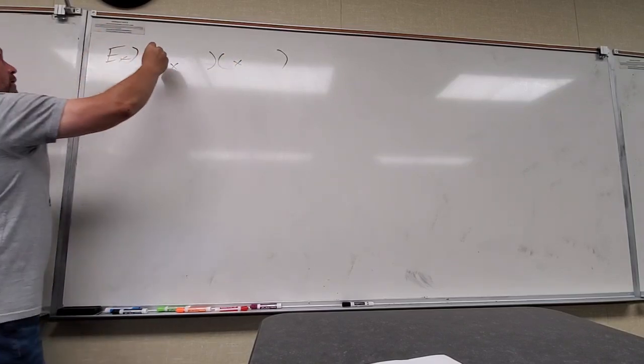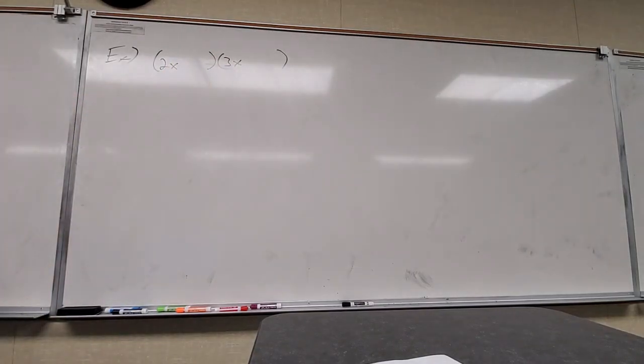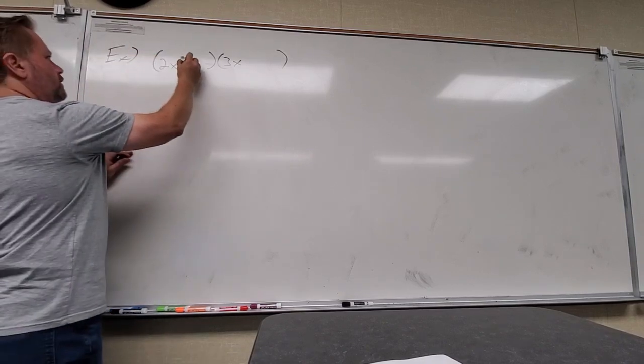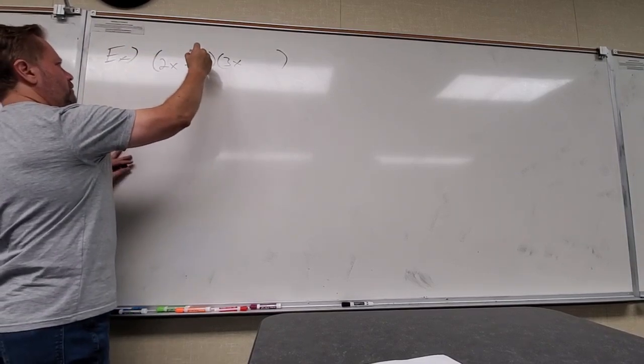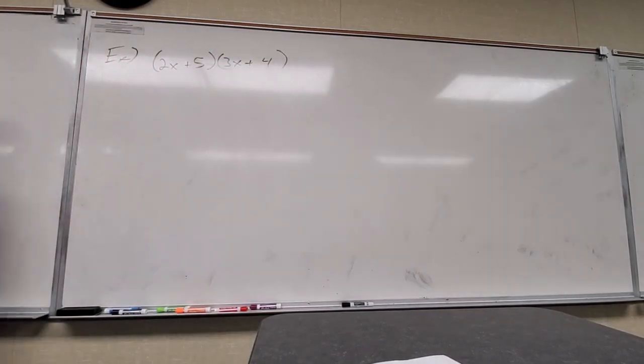So I could put maybe, let's say 2 and 3. Now it's gonna be 6x squared, and so on, right? You guys with me? And let's just keep everything positive for the moment as we step into this new thing. Okay. Take a minute and FOIL it out, multiply that out.